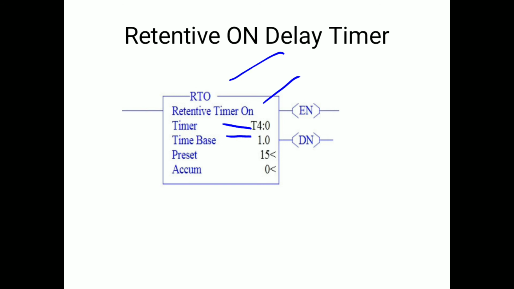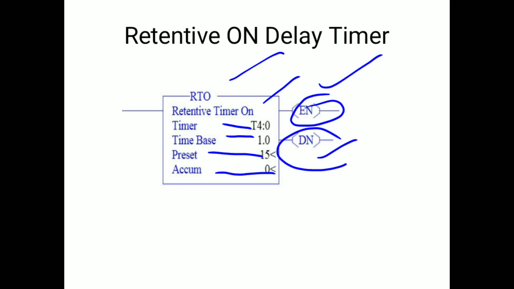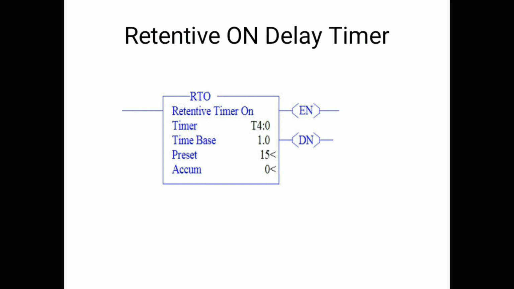This shows the time base, taken from matching with the microprocessor. This is the accumulated value 0 and preset value 15. Similarly we have the enable bit and done bit. The enable bit is used for running the timer, and when the counting is over, the done bit will be set. In this way we represented the retentive on delay timer.